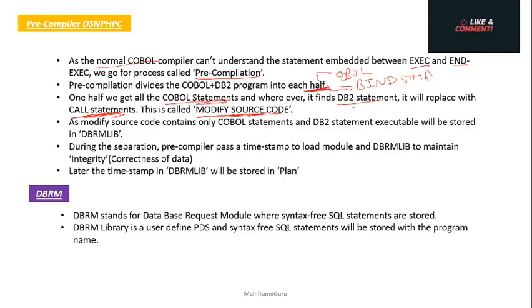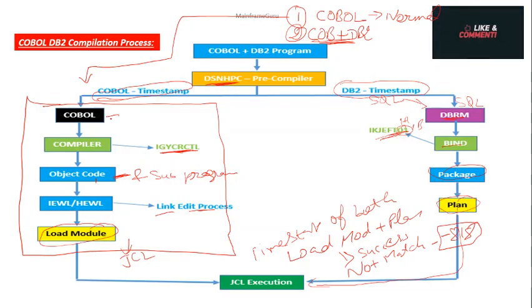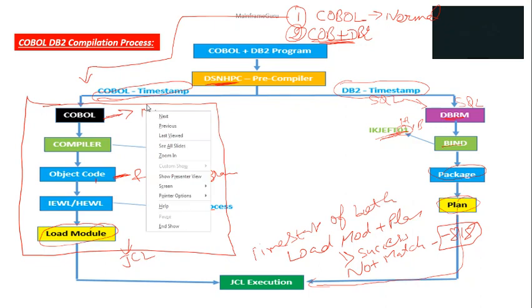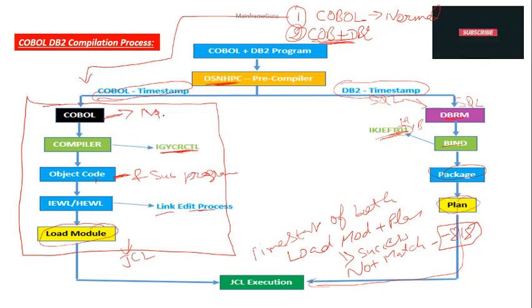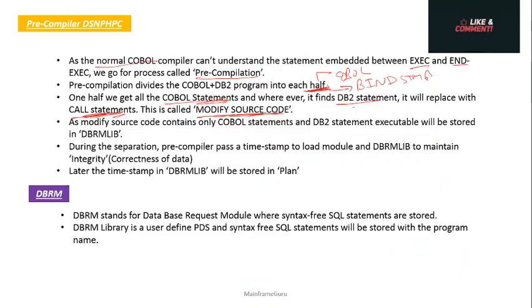What is modified source code? I will show you here. This is the modified source code, which has DB2 call statements. The modified source code contains only the COBOL statements, and the DB2 executable statements are stored in the DBRM library.